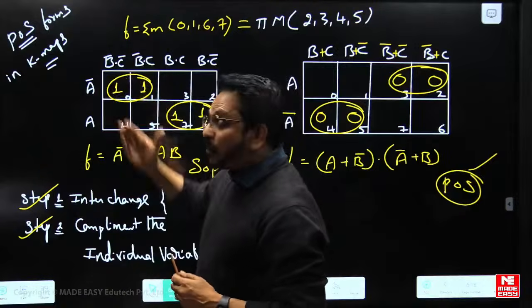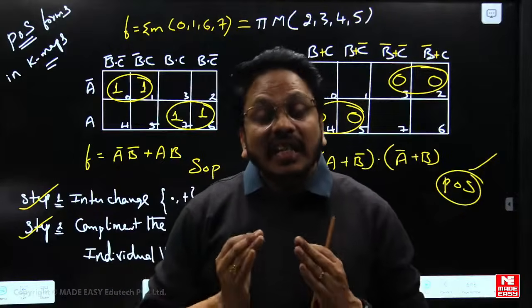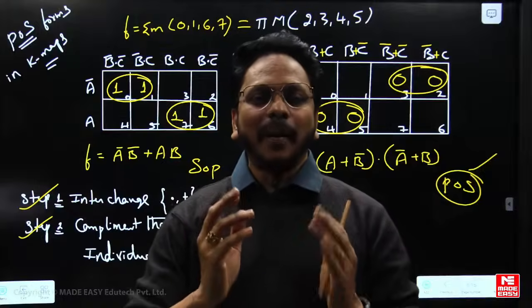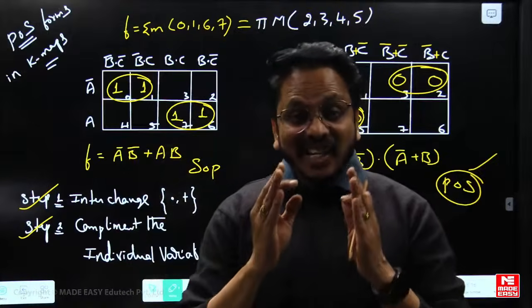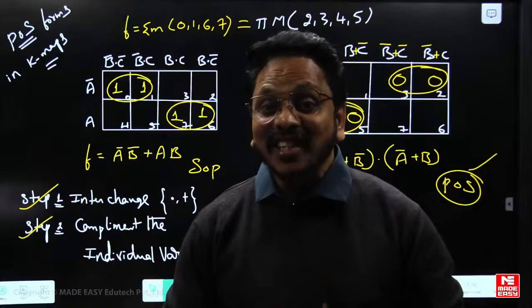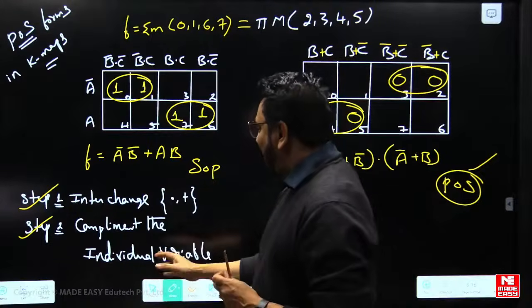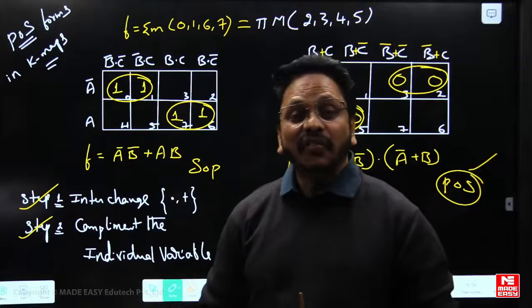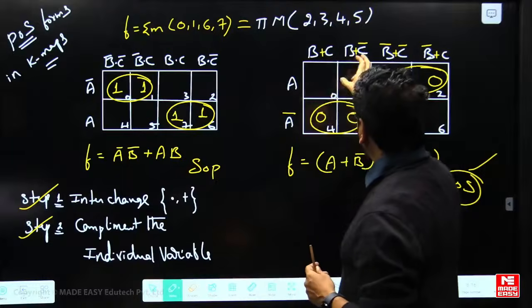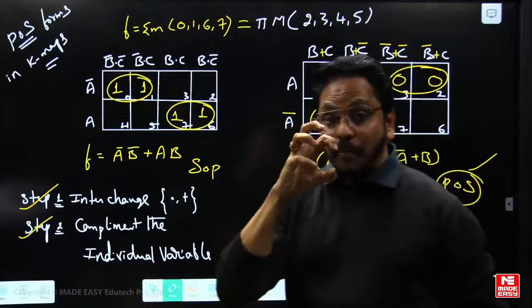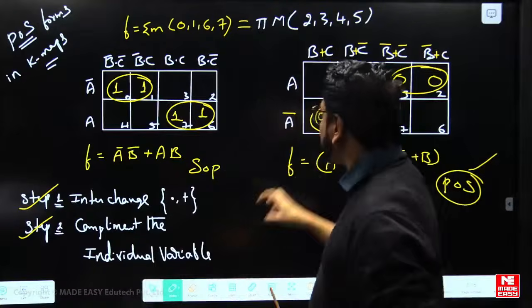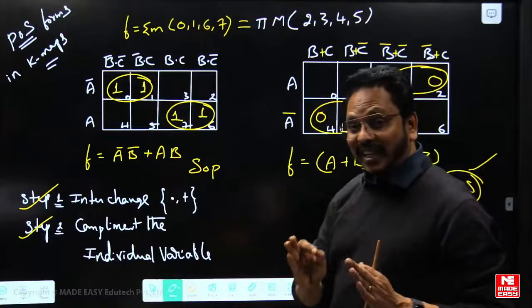What we did? Simply the K-map, we made the changes in the K-map initially itself. Number one is interchanging the operator, like dot and plus, these are interchanged. Number two, we made the complementation of individual variables, like that individual variable is complemented, then that sigma small m min terms are converted into the max terms, and those things kept as zeros, and from that we got the expression.